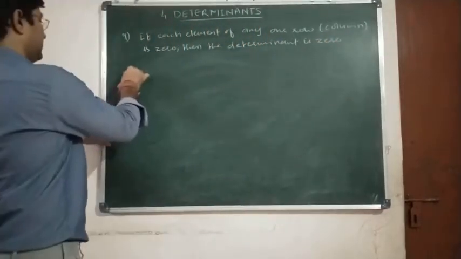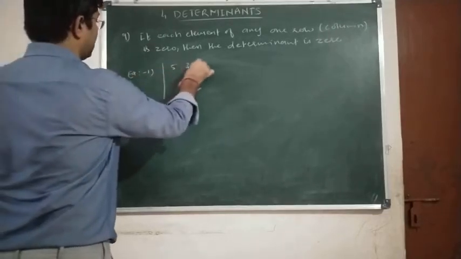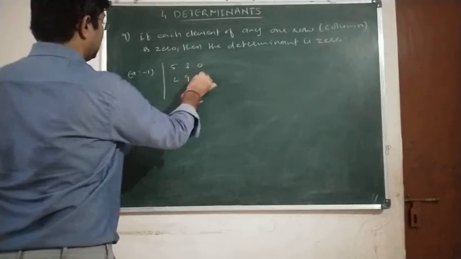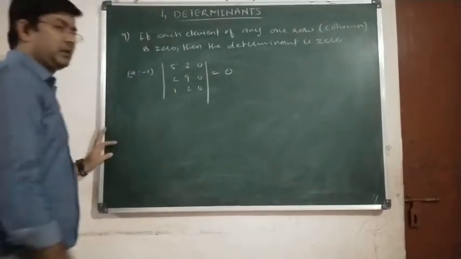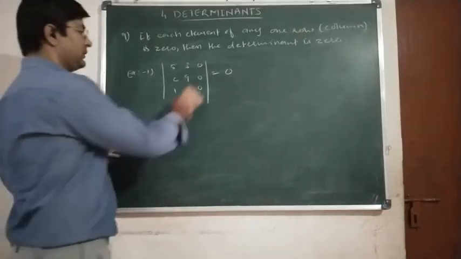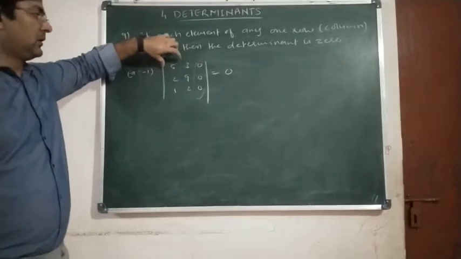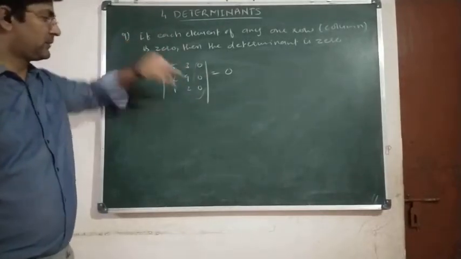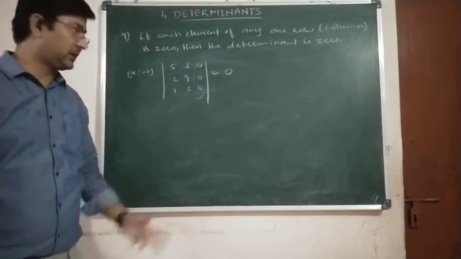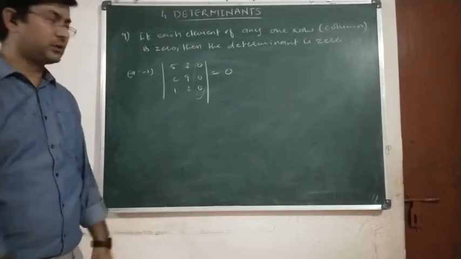For example, 5 3 0, 2 9 0, 1 2 0. The value of this determinant is always 0, because if you expand along the third column, then 0 into cofactor plus 0 into cofactor plus 0 into corresponding cofactor, so 0 plus 0 plus 0 will be equal to 0 only.